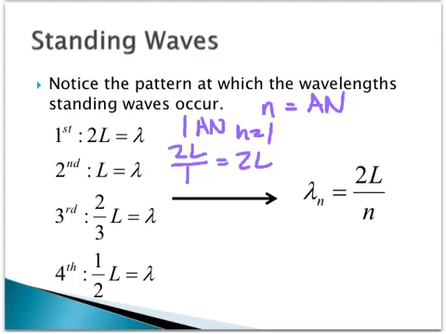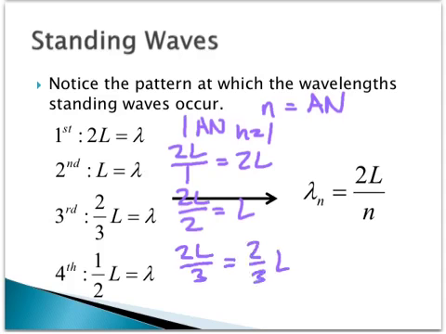This is the second standing wave. You get 2 antinodes. If I take 2L over 2, I get a wavelength of L. Here, I had 3 antinodes. I get a wavelength of 2L over 3, and that's my 2/3 L. And then same thing here, we can look at the fourth one. So we can tie this together and look at the relationship between the wavelength and the number of standing waves. So the wavelength is related to 2L over N.